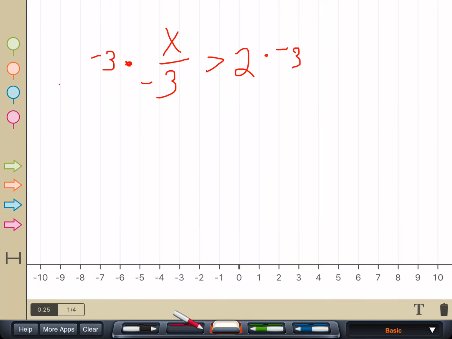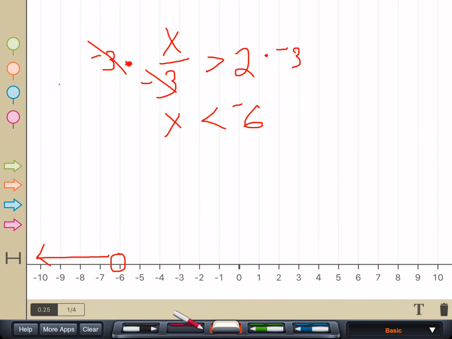But as soon as I make that decision to multiply by 3, or even when I know from the beginning that I have a negative coefficient, I'm going to be flipping that sign. So that's x, because multiplication by negative 3 and division by negative 3 cancel each other out. x is less than negative 6. So there's my negative 6, and my less than is this way.